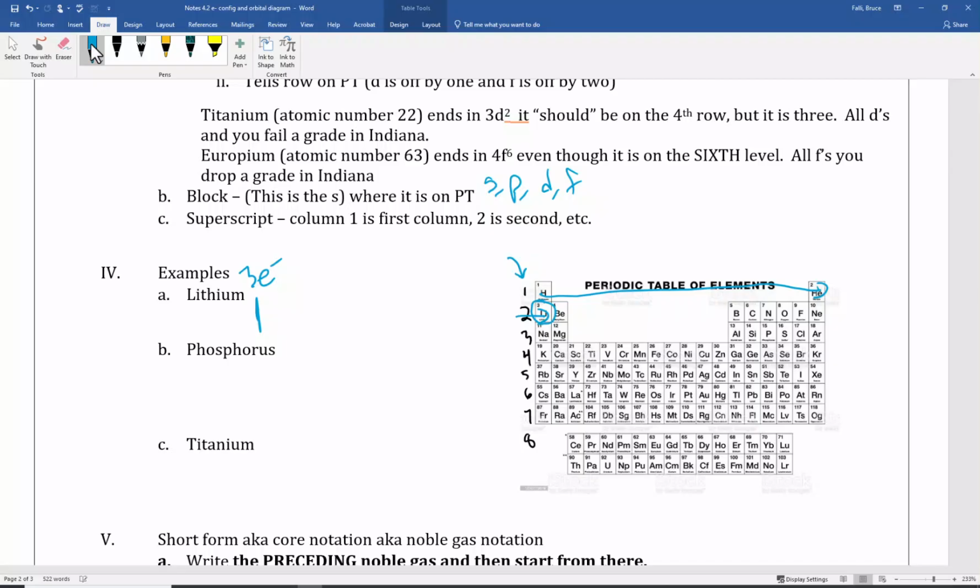See the 1? It's going to start in the S block, and there's hydrogen and helium, and there's 2 of them. That means 2 electrons. Now when I look at lithium, the third one, now I'm on the second row. I'm still in the S block, but I only have 1 of them in there, right? I'm going to stop right here, 2s1.